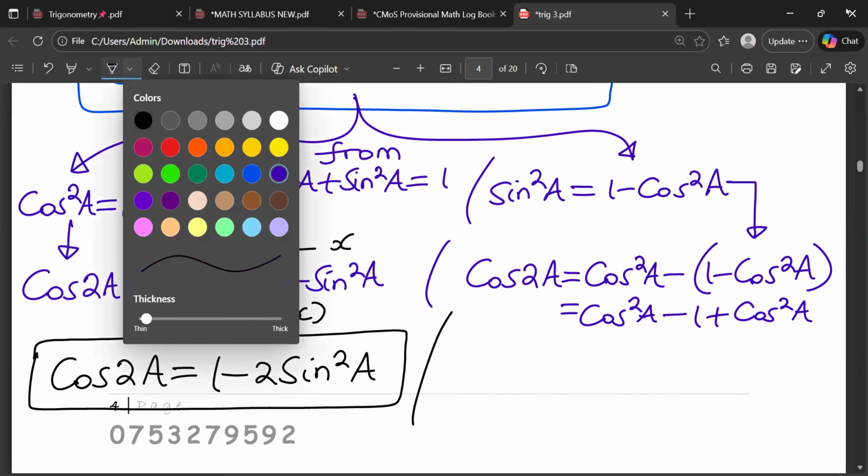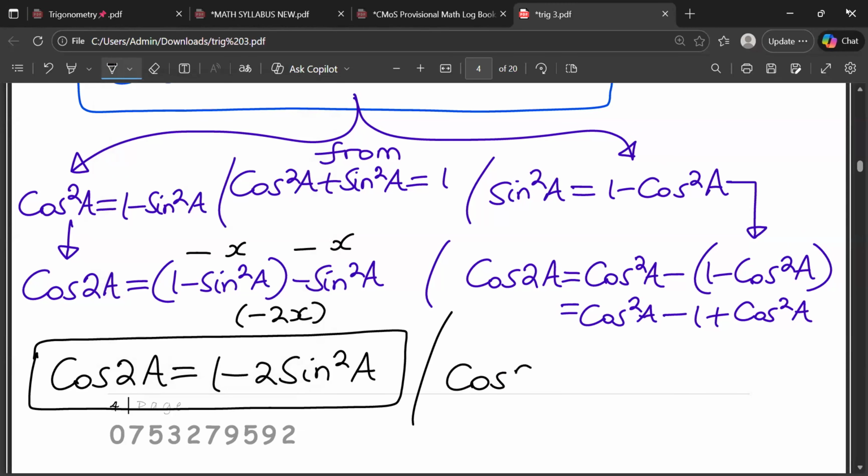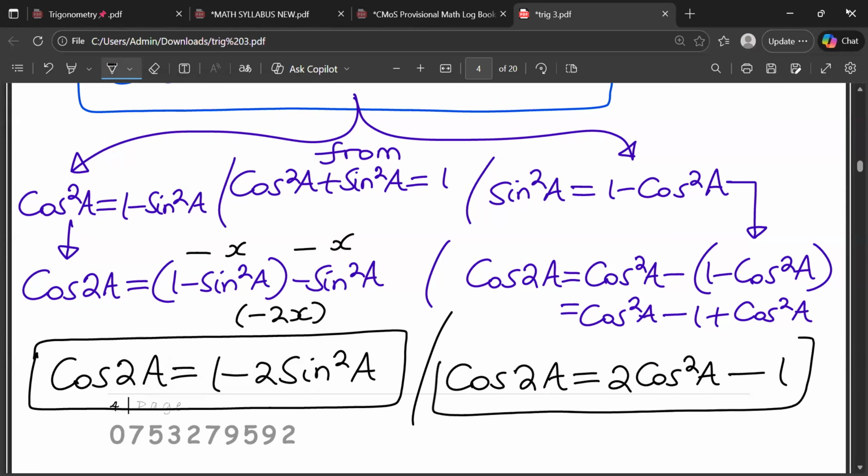So you just need to have that keen mathematical eye for you to see some of these things. So you can see the x plus x giving us 2x, which is 2 cos squared A. And then the minus 1 will come at the end. That's another thing that helps. But all these things, you're not supposed to derive them in an exam. You should be knowing them. And I'm going to show you how those ones can be actually recalled.